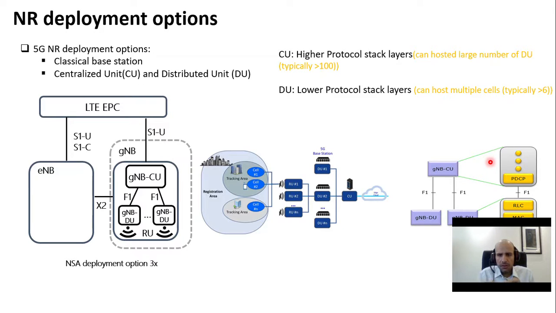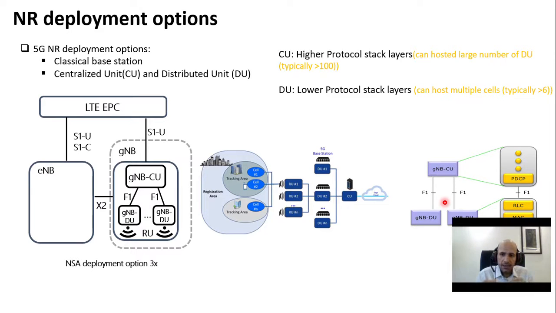So user plane functions may be located close to the distributed unit to help reduce user plane latency, while control plane functions may be centralized to pool resources. As you can see here in this picture, the F1 interface is the higher layer fronthaul interface between the PDCP handled in the gNode B centralized unit and the RLC handled in the gNode B distributed unit.